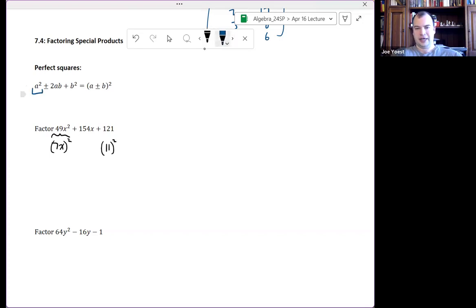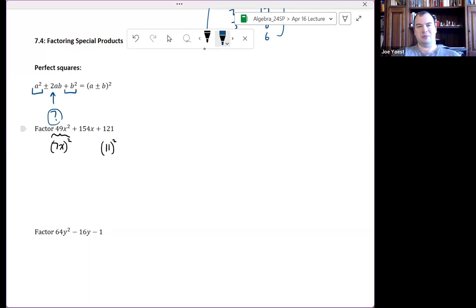So I noticed that I have this bit of the structure already. Typically, I recognize the pattern by recognizing these perfect squares, and then I have to ask the question, does my middle term actually match up? Sometimes it does, sometimes it doesn't.